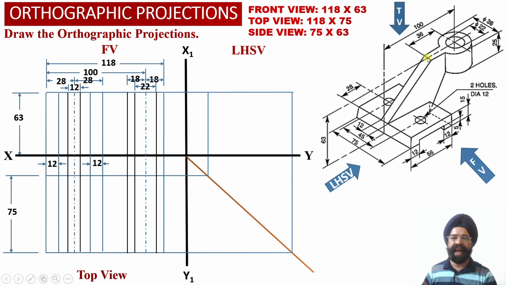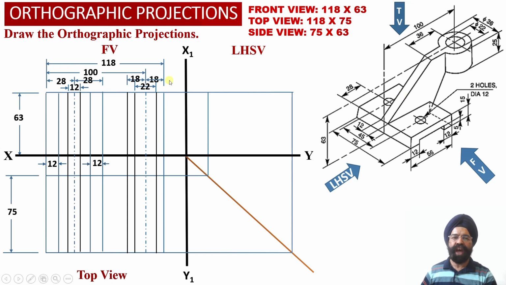And finally, the last element is this one alongside the width of the solid, that is from the center point. If we take a distance of 36 millimeter towards the left hand side portion of the solid, we are going to locate the junction point between this horizontal surface and this inclined surface of this inclined web.